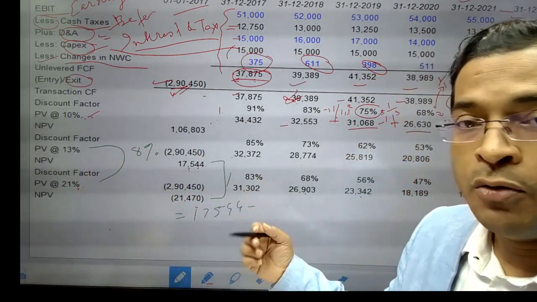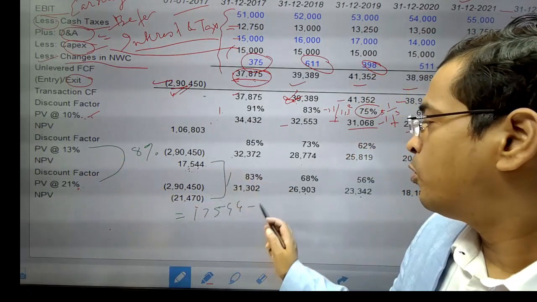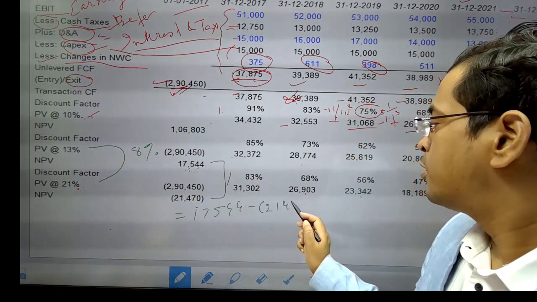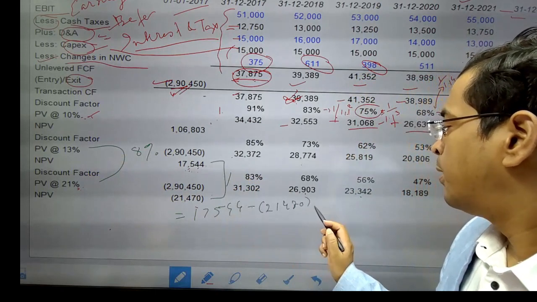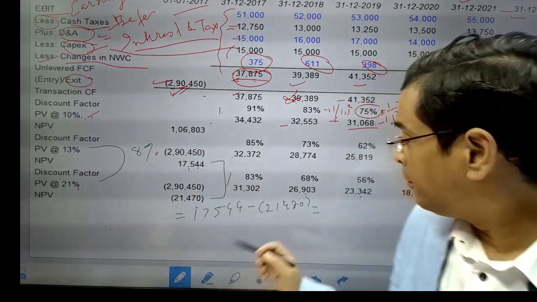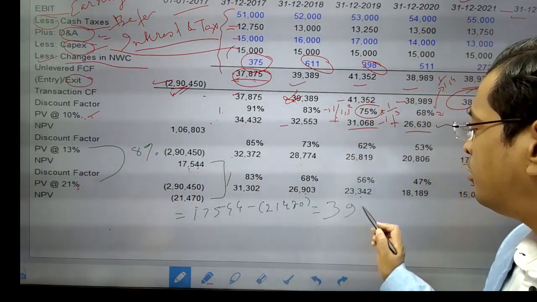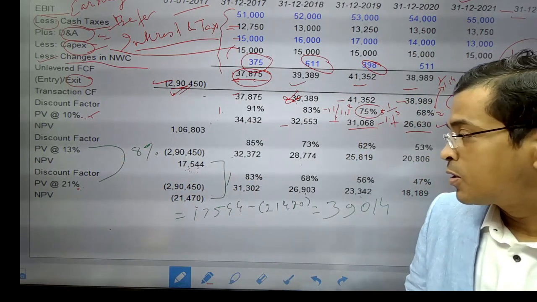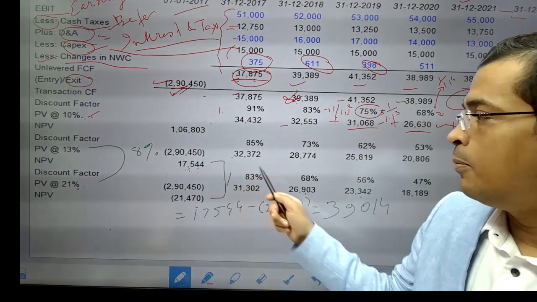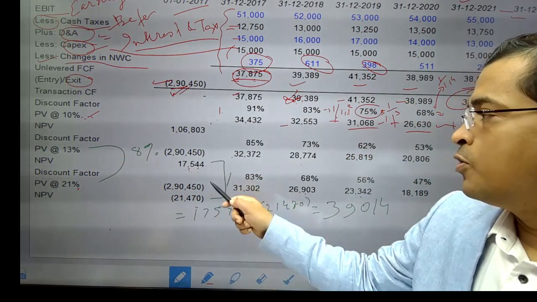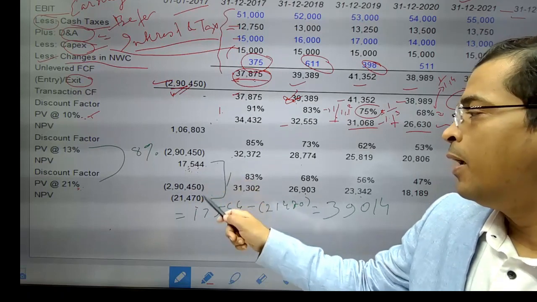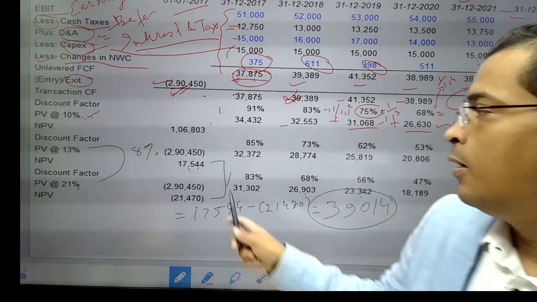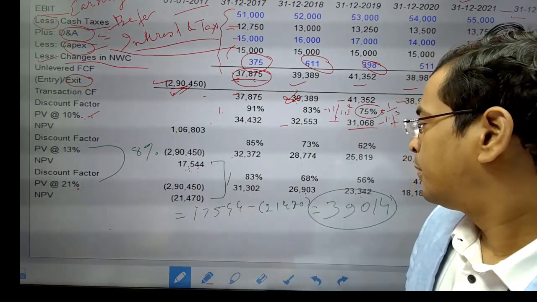This is how we need to find out IRR. So we need to do 17,544 minus 21,470, and that would be 39,014. So the numerical difference on the number line: for 17,544 to become 0, it will take 17,000, and then to become negative, this is the net difference between the two numbers.